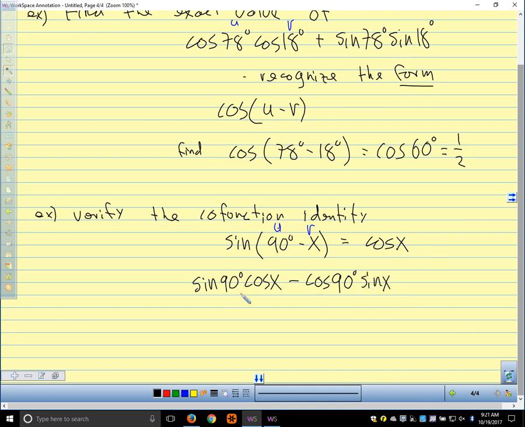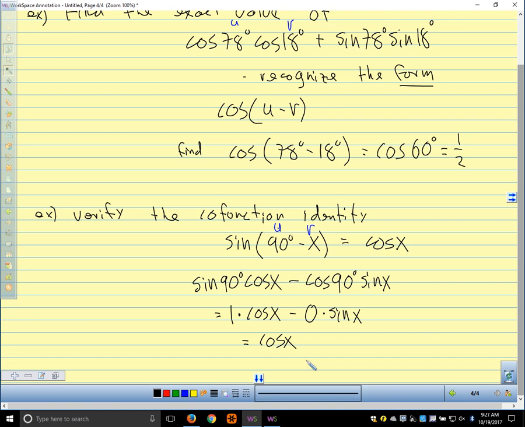Well, what's the sine of 90? 1. What is the cosine of 90? 0. And we verified our cofunction identity using our sine difference formula.